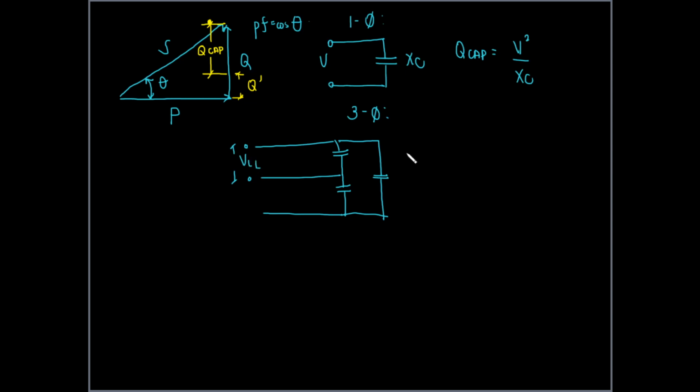Which means the Q capacitor here will be VLL squared over XC, XC again being the capacitive reactance of each of these capacitors.